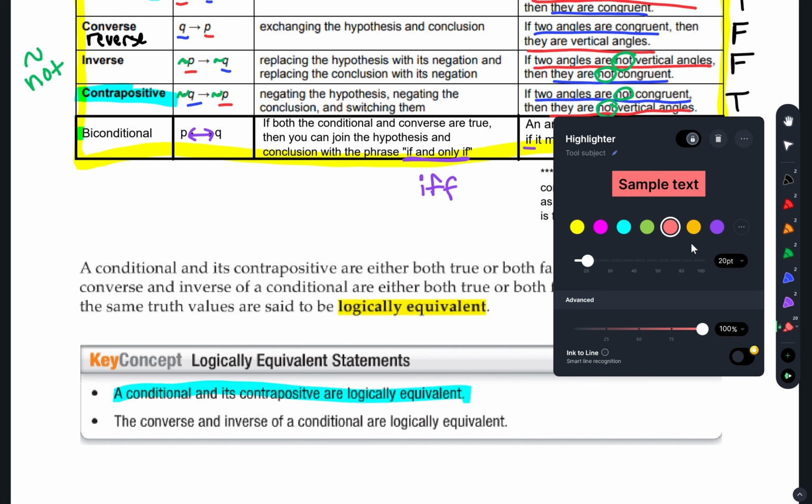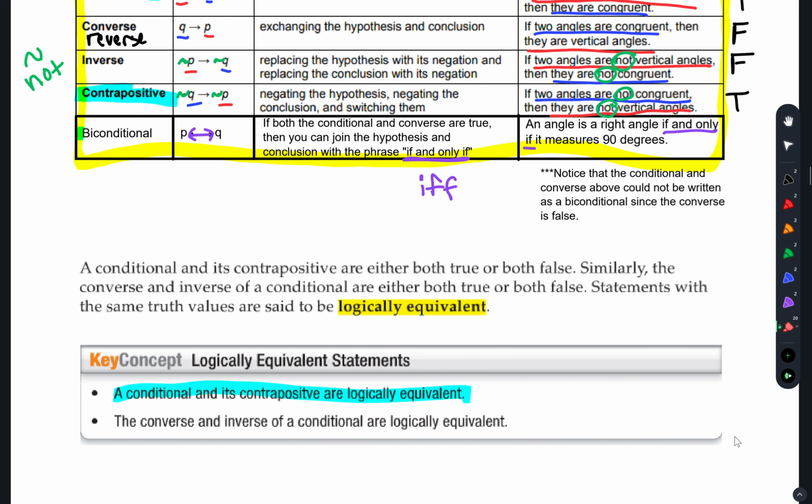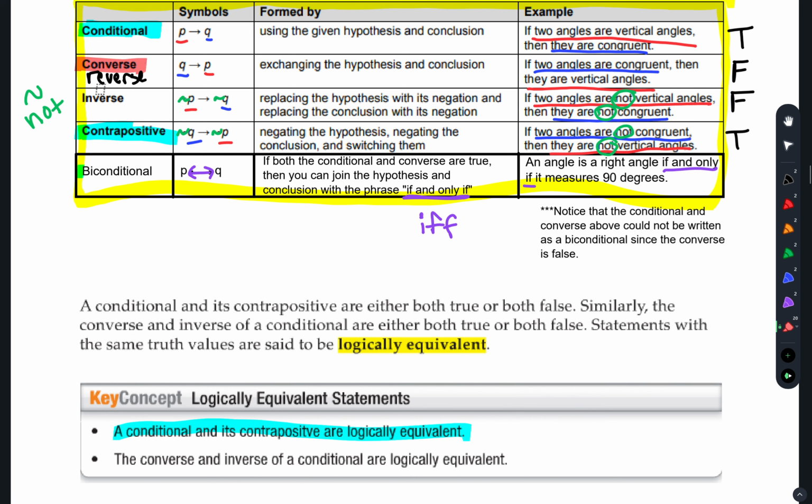Similarly, the two that end with verse, converse, inverse, those are logically equivalent. They will either both be true or both be false. Okay, so you could have all four be true, you could have all four be false, but these pairings will always have the same truth value. Questions on that?